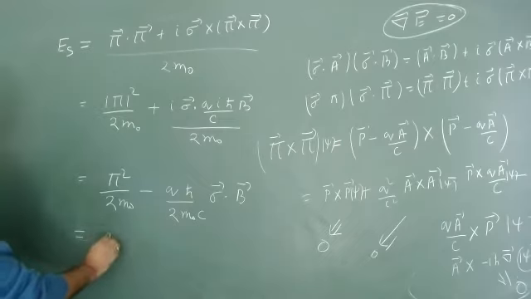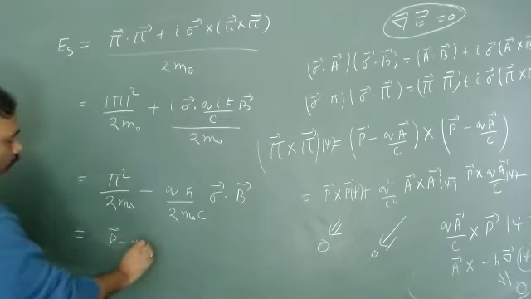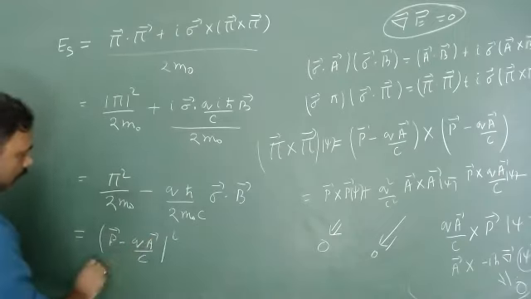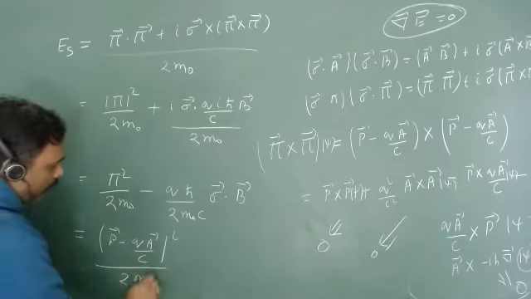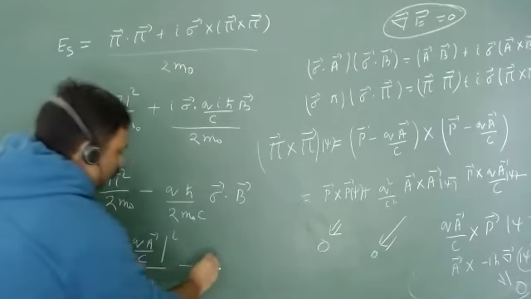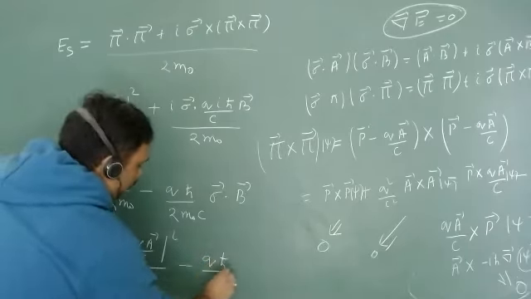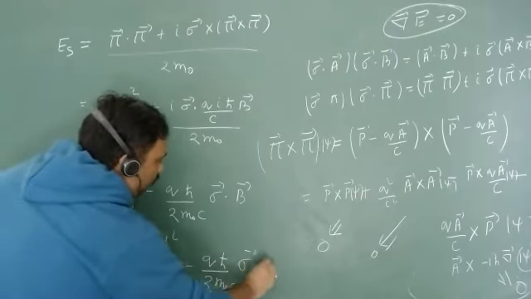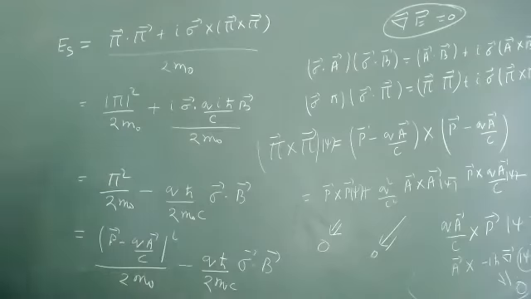This pi is P minus qA upon c, mod squared, upon 2m naught, minus q h-cut upon 2m naught c sigma dot B. Now look, this is your kinetic energy.